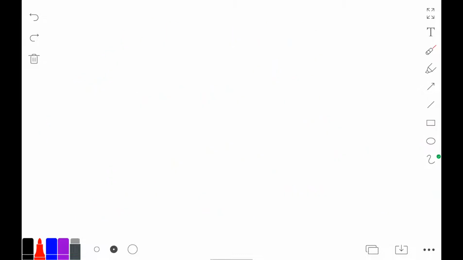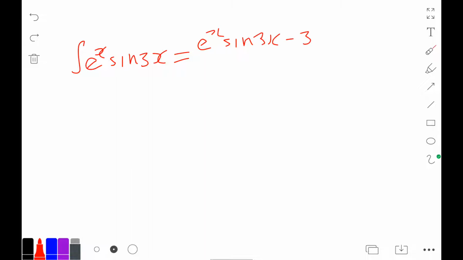When we divide everything by 10, our final answer is going to be the integral of e to the power x sine 3x equals, I'm just recopying, e to the power x sine 3x minus 3 e to the power x cos 3x, divided by 10, remember, plus c, plus constant.